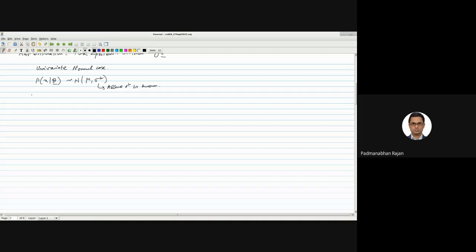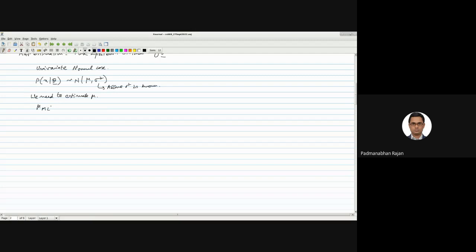Now we need to estimate, out of these two parameters, one of them we assume is known. So now we need to find the estimate for mu. You know how to find mu ML. That is what we've been looking at so far. We find the likelihood and differentiate that with respect to mu.